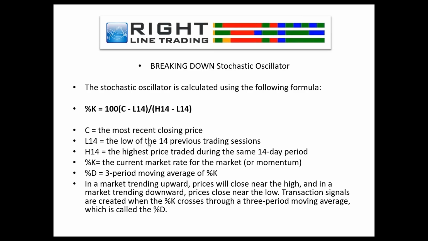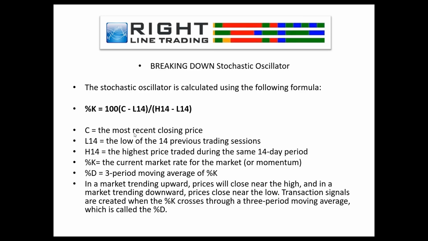L14 is simply the moving average, a 14-period moving average, or the average price of the lows of the previous 14 candles. And H14 is simply the moving average, or average of the highs of those 14 periods. It can be daily, it could be hourly, it could be minute. So it creates a moving average low and a moving average high.